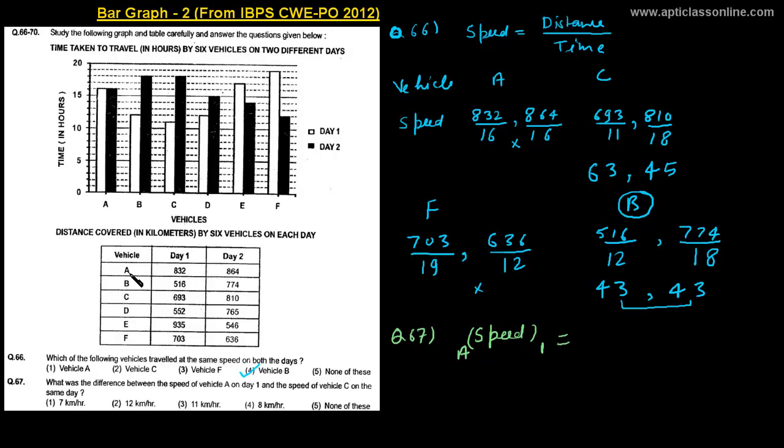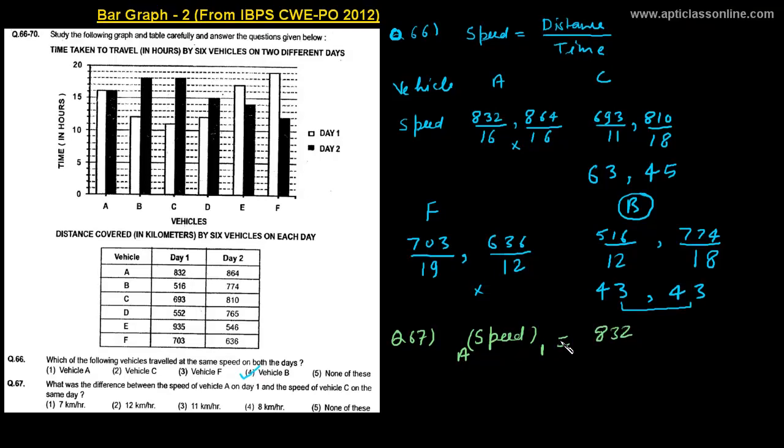The speed of vehicle A on day 1: the distance traveled by A is 832, and the time taken by A on day 1 is 16 hours. If we divide 832 by 16, we get 16 fives are 80, 3 twos are 32, that is 52 kilometers per hour.